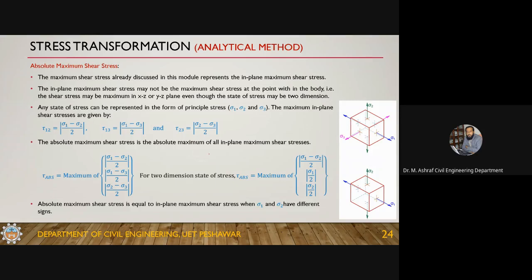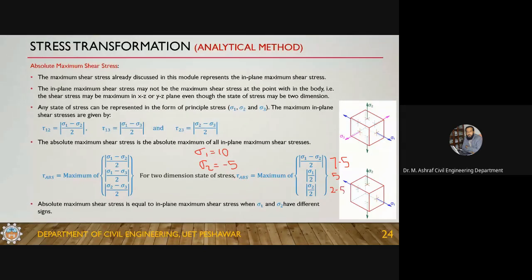So let's suppose we have sigma 1 equal to 10 and sigma 2 equals to, let's suppose, minus 5. Okay, so this thing will result in 10 minus minus, so 15 divided by 2 is 7.5. This will result in 5 and this will result in 2.5.